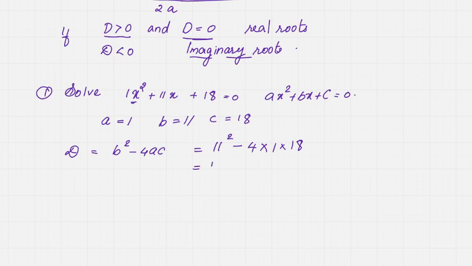So 11 square is 121 minus 4 into 18, that is 72. So we have 121 minus 72, which is equal to 49. So this D is greater than 0 because 49 is greater than 0. So we have real and distinct roots. If D is greater than 0, we will have real and distinct roots.